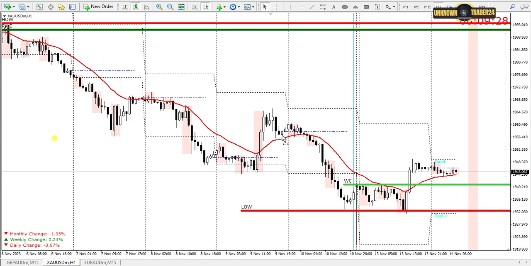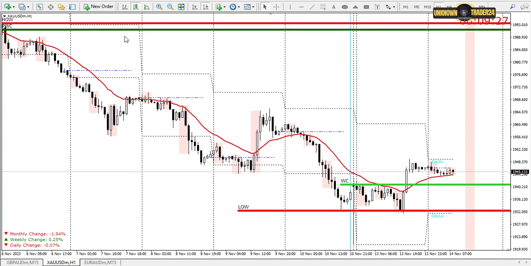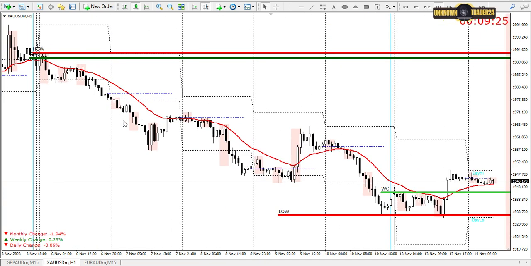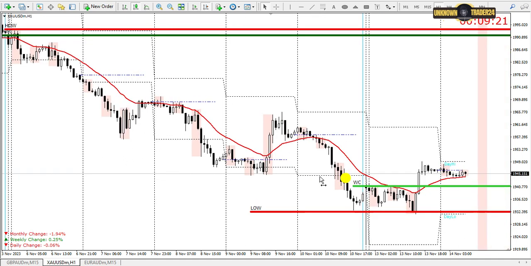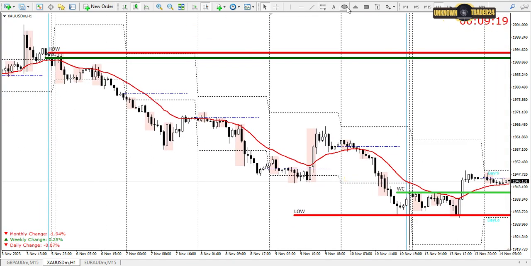Look guys, we are on gold. If you look at the previous week, gold was breaking the previous day's low almost every day. Last week they broke it on Monday, Tuesday, Wednesday, Thursday, and they broke the lows on Friday.